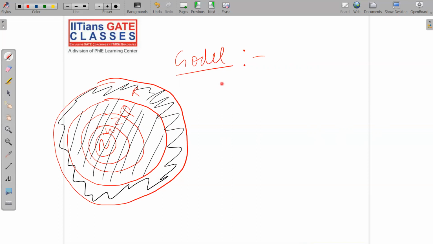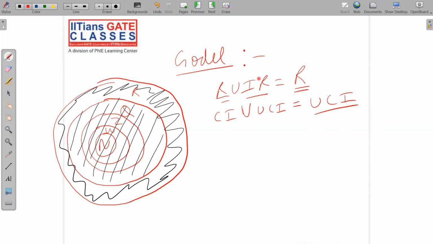You know, rational numbers union irrational numbers is your real numbers. So rational numbers are countably infinite and irrational numbers are uncountably infinite. And with these two sets union, we get real numbers, that is also uncountably infinite. So the irrational numbers set is uncountably infinite.